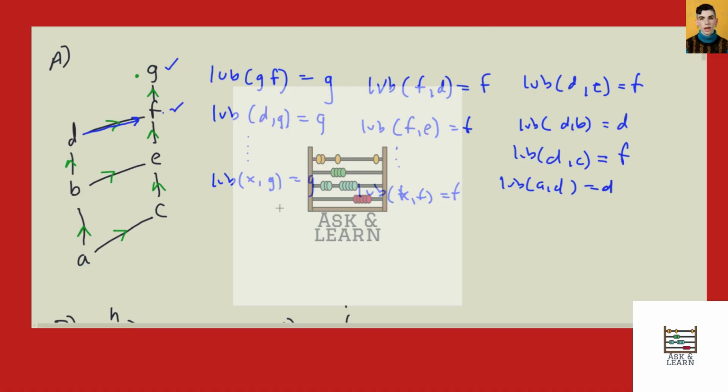Now you might notice we're going to run into this same kind of pattern for these, and I really don't want to have to write the rest of these out. The thing we are going to notice is that these will all have a least upper bound, since if you have two elements on the same line like this, then whatever the top element is will be the least upper bound.